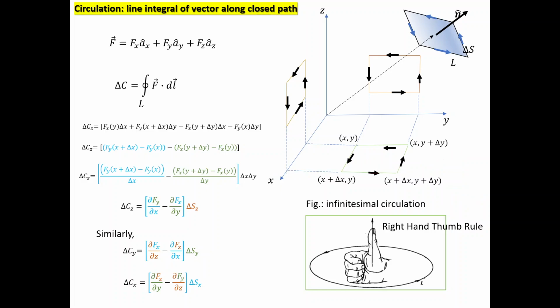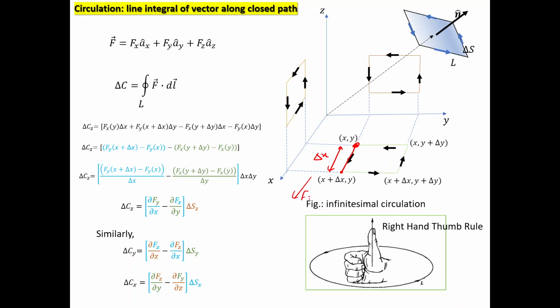Now let us calculate the net circulation. Starting from this point, let us traverse along this point up to this point, and let's say this length is del x. Then what will be the net circulation?